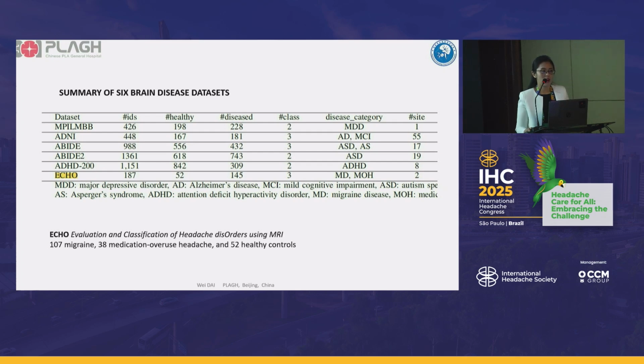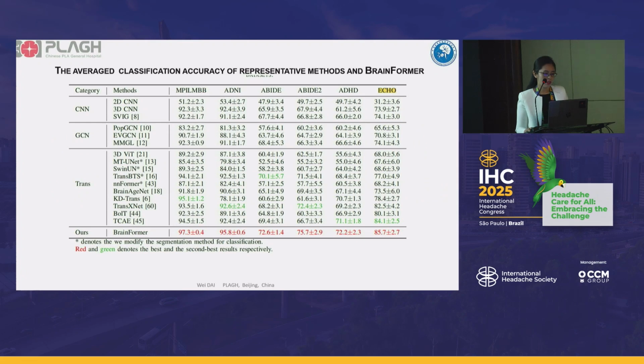We would like to test how our model performs on these data sets. So when doing the performance evaluation, we also compare our model with other representative models that have been published, including the GCN-based model, CNN-based model, and also transformer-based model.